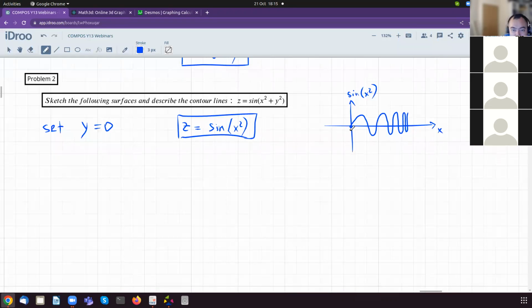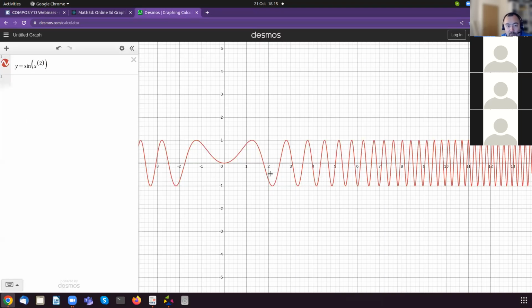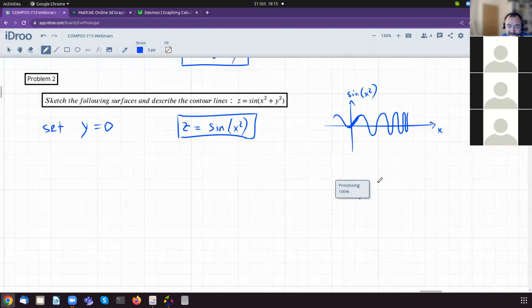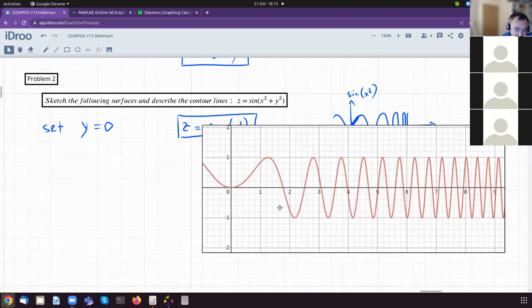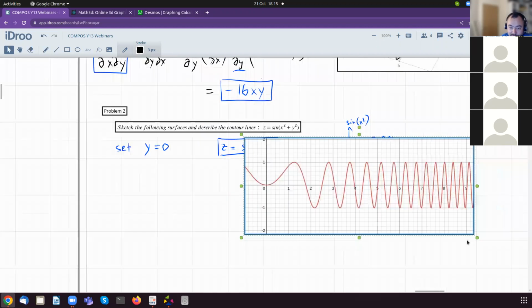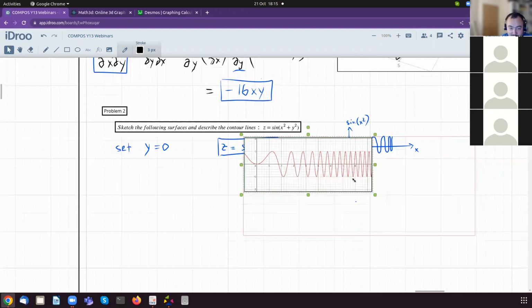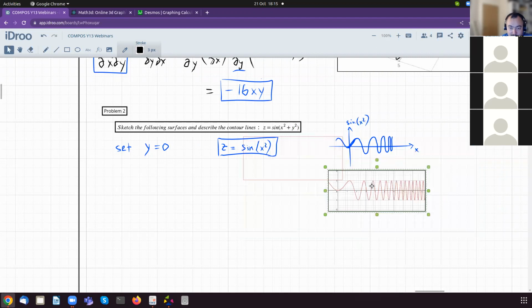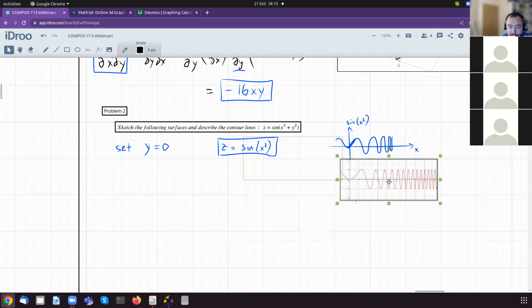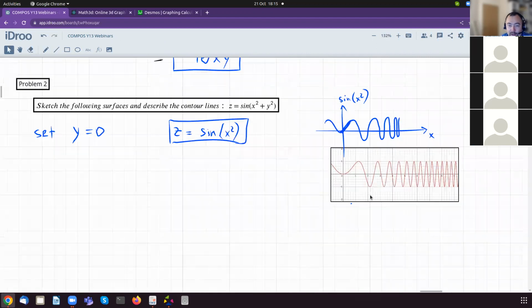It's more like this, more like this, and like this. Which is useful just to understand what the 2D or 1D version of it looks like, depending on how you look at it. The 2D version.